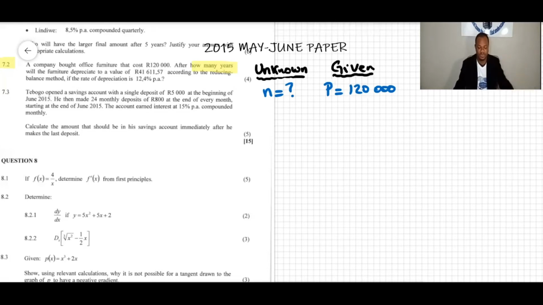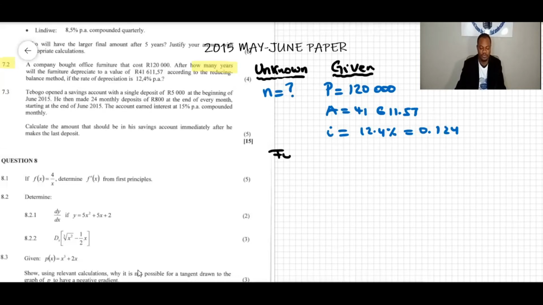This is the final amount, A. And the rate of depreciation is 12.4% per annum, so the interest here is 12.4%, which is equivalent to 0.124.